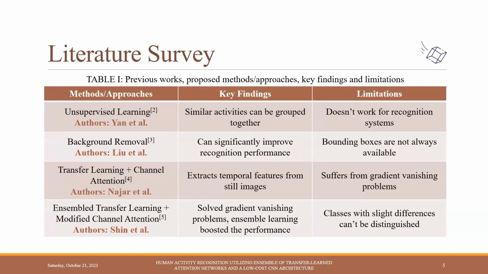So here is a short literature survey. The main thing is that you can recognize human activities from various types of data. For example, you can utilize video data, and it's very easy to recognize from video data. For example, you can detect if a fall has occurred by only analyzing the video.